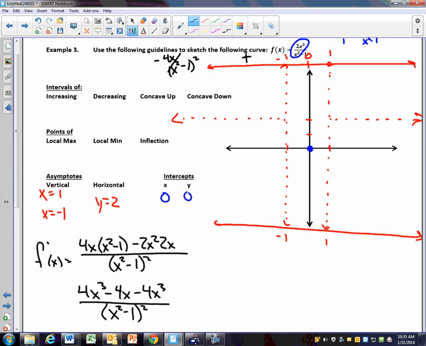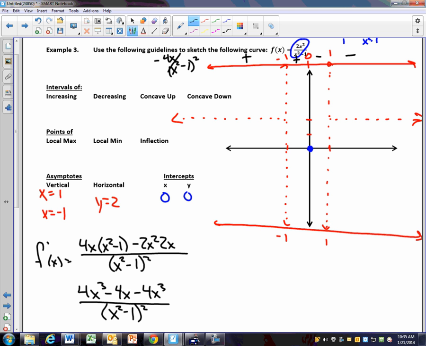Between -1 and 0, we plug in -1/2. -1/2 squared is a fourth, minus 1 squared. The bottom's always going to be positive, isn't it? Okay, so let's just focus on top. -4 times -1/2, positive. So this is positive. Yep, we could just plug in the top. Now we try 1/2. -4 times 1/2, negative. And 2 times -4, negative.